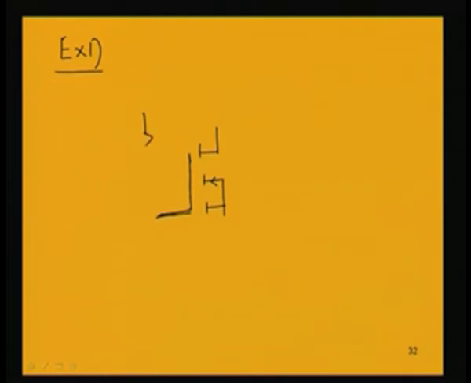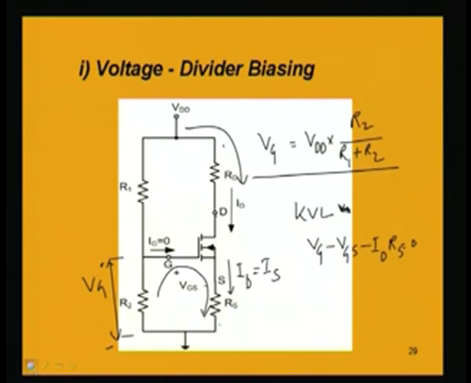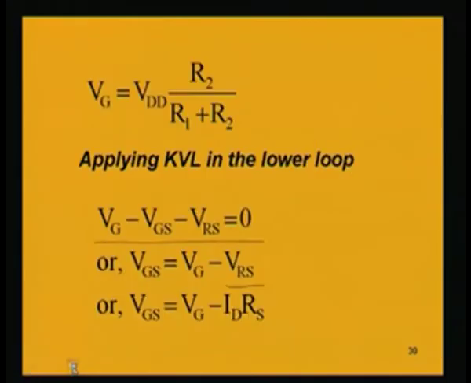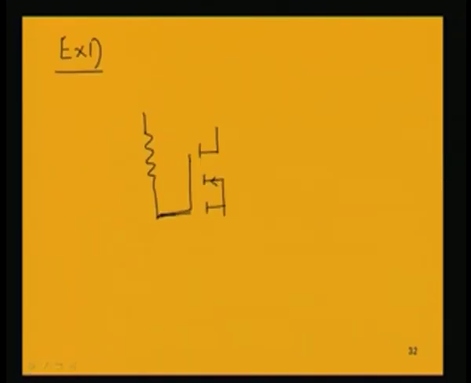And we have a resistance of 10 megaohm, and the voltage of 12 volt is connected through a resistance of 2 kilo ohm to the drain.